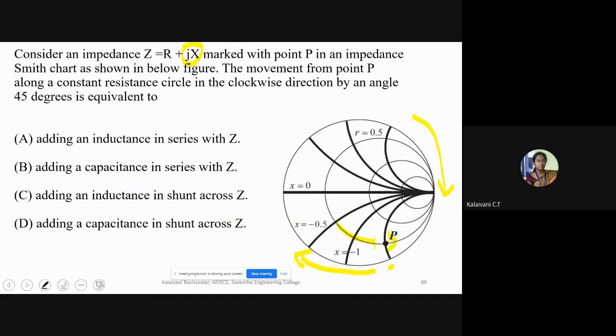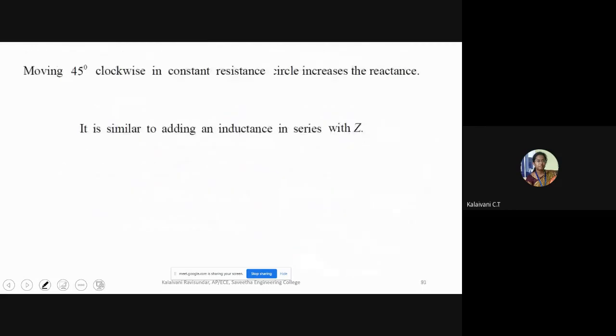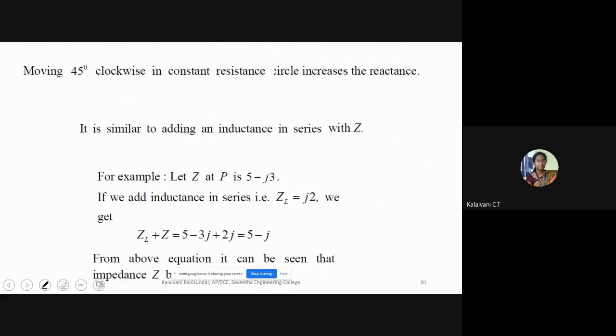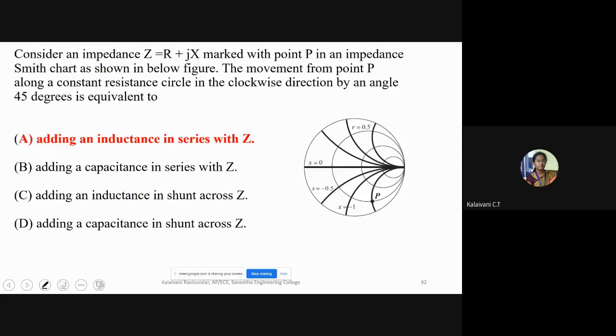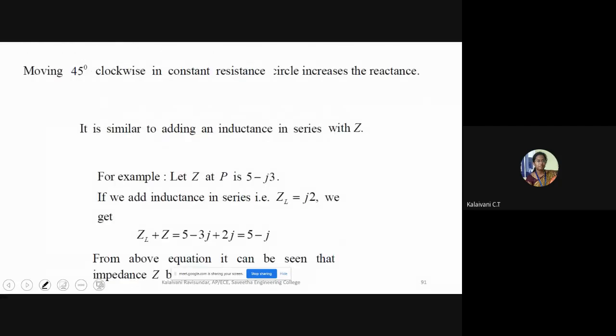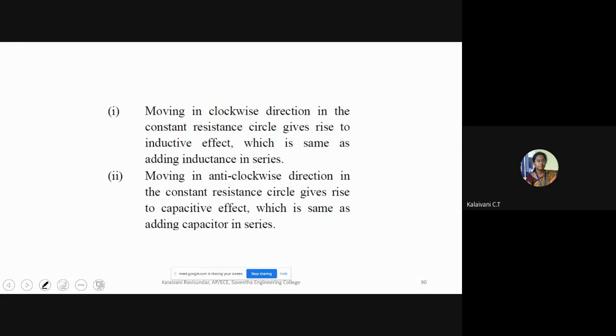So the answer is inductance in series. These are the two points to be remembered.